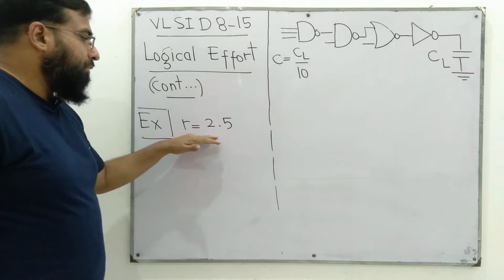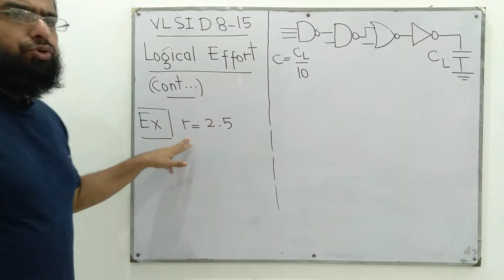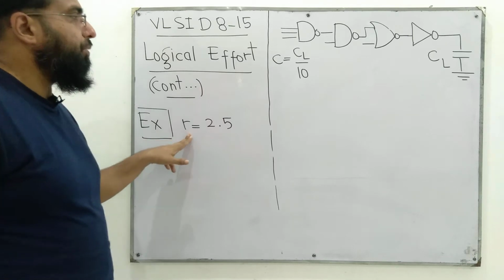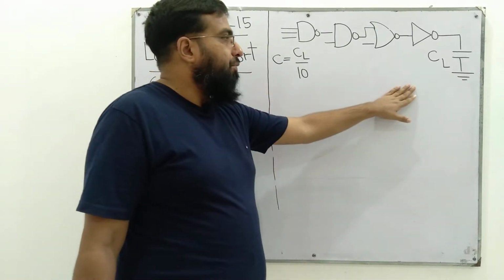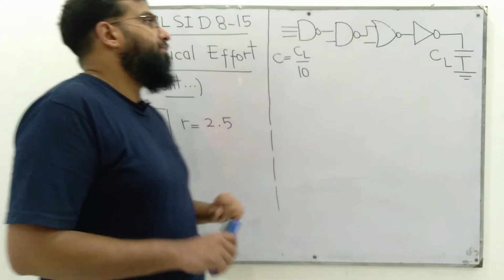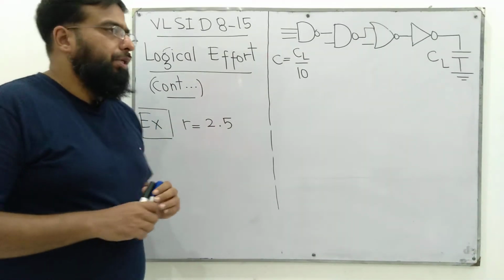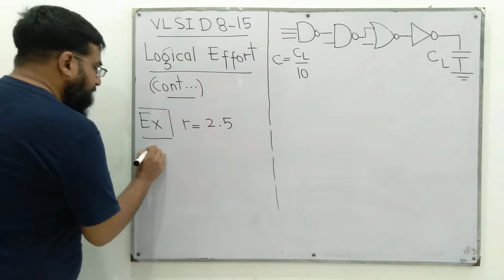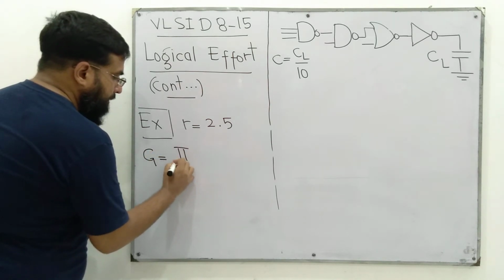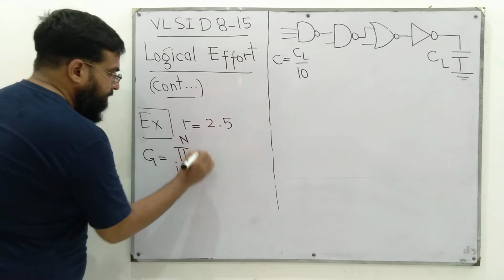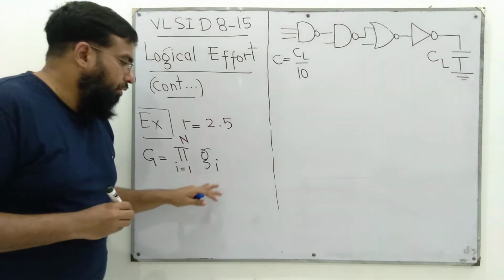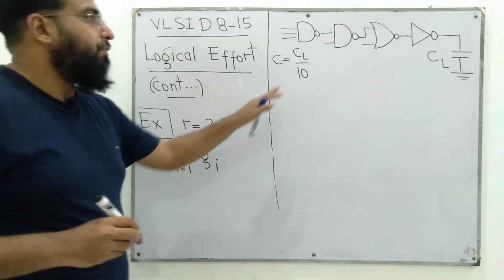A process is given where the ratio R is given to be 2.5, the mobility ratio is given to be 2.5, and we have to find out different quantities for this chain. The first quantity that we are required to find is the path logical effort G, and we know that this is the product of individual logic efforts of each gate.